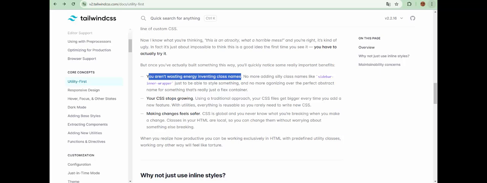Somebody who maintains your project again needs cognitive energy to understand your naming, your styling, and to look back at the HTML classes and back in the style to see what those classes are. Very, very complicated.